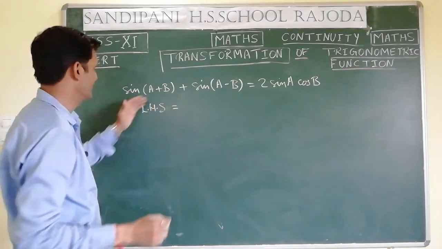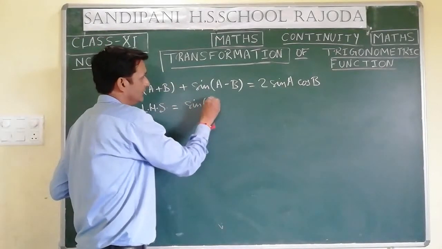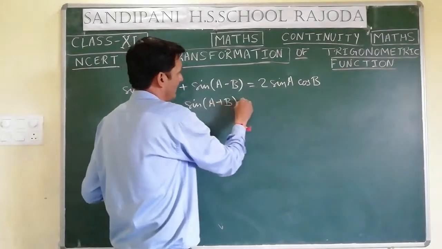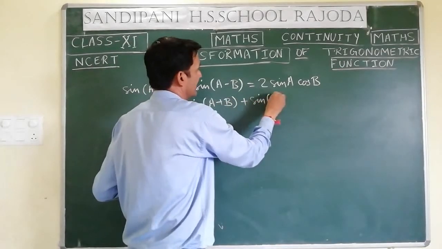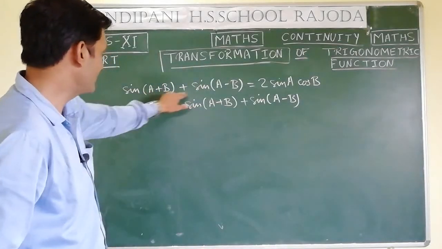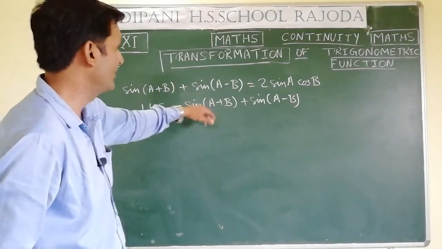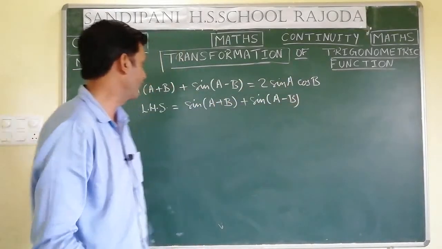Let us take this LHS, sin(A+B) + sin(A-B). Here the total operation is in the form of addition, so from addition we have to convert it into product form.